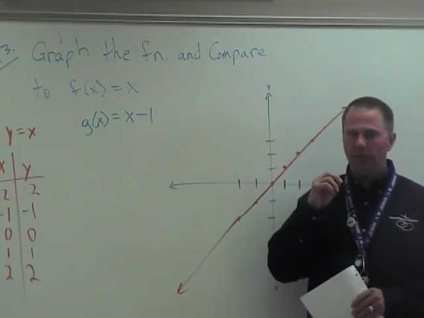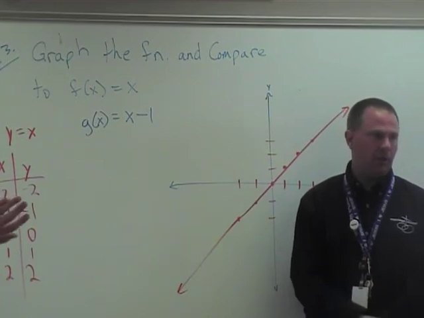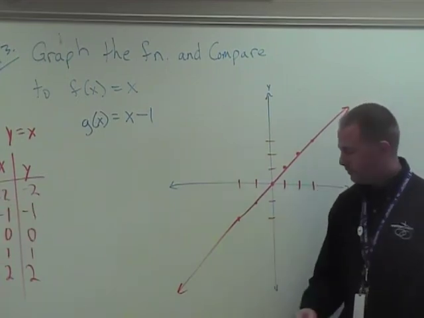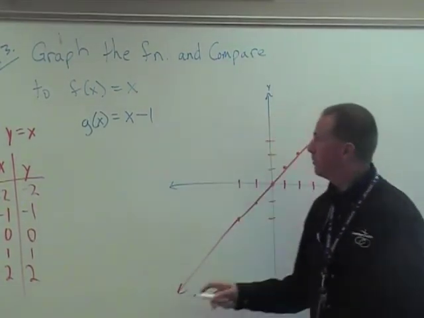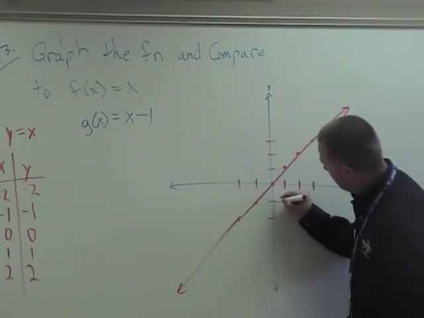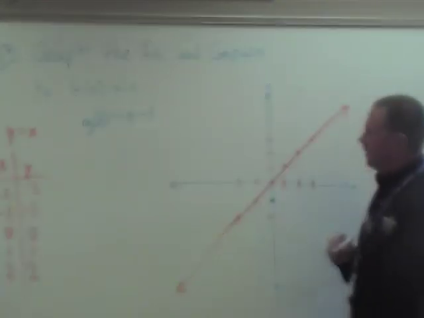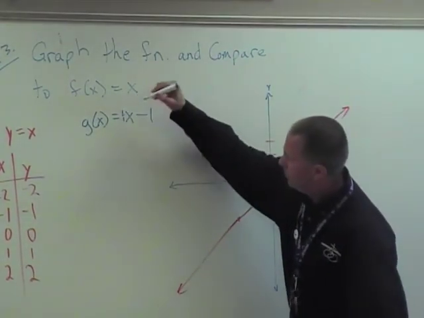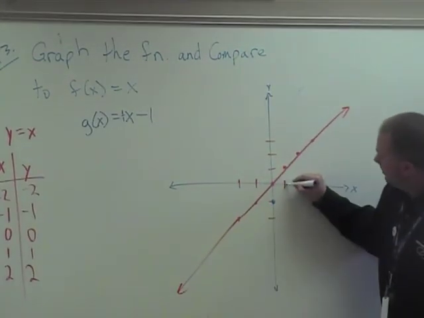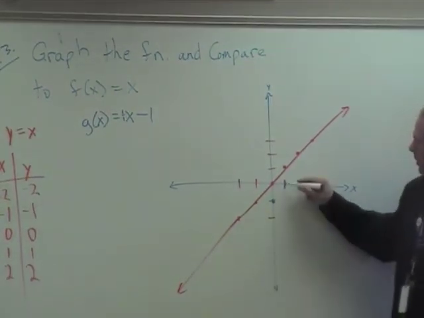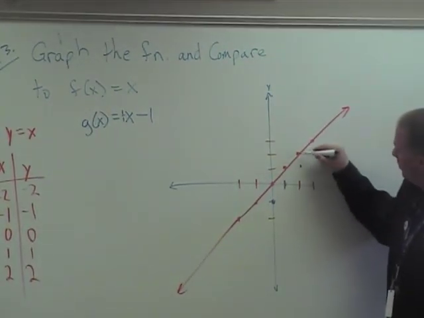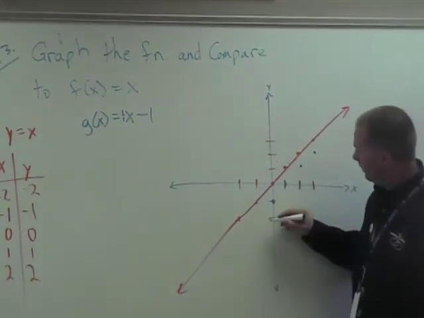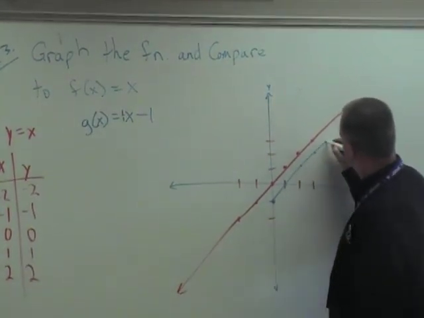The y-intercept is -1, and the slope is 1 over 1. Up 1, over 1. Up 1, over 1. What do we get? A straight line, a 45-degree line. Parallel.